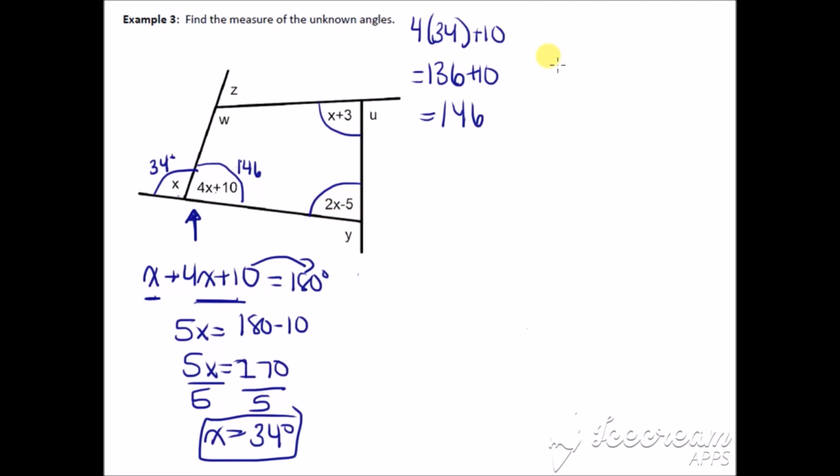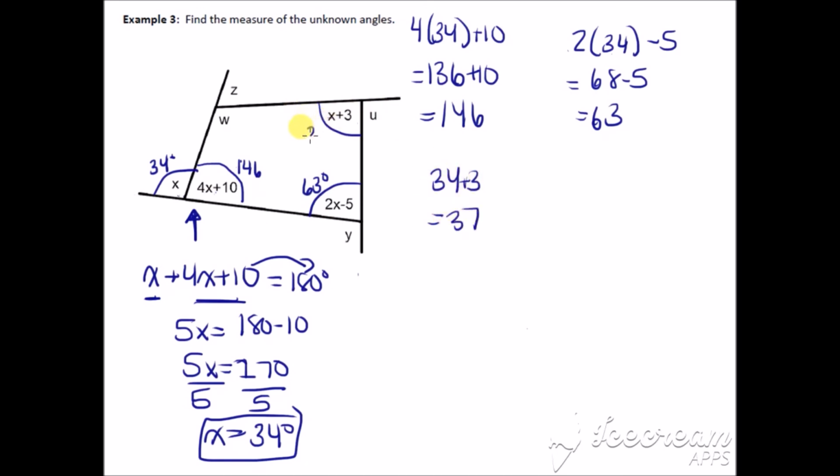Now 2x minus 5, let's sub it in there too. So 2 times 34 minus 5, that's 68 minus 5, and we get 63. So this angle here is 63. And then x plus 3, we have 34 plus 3, so we get 37. So this angle in here is 37.